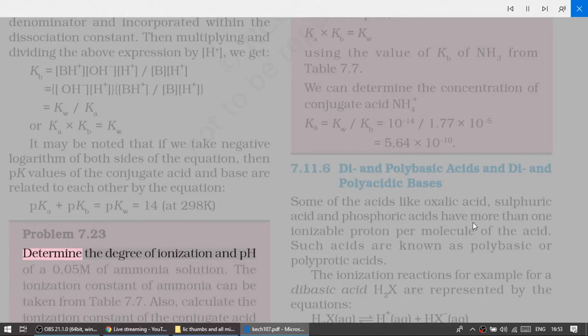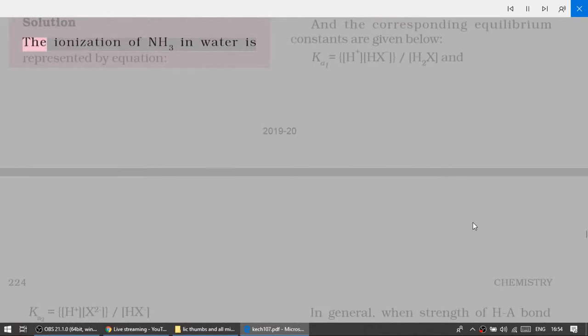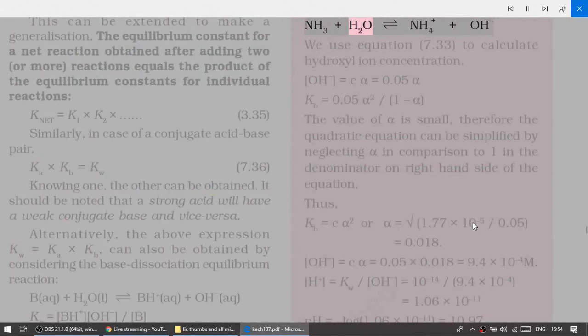Problem 7.23. Determine the degree of ionization and pH of a 0.05 M ammonia solution. The ionization constant of ammonia can be taken from Table 7.7. Also, calculate the ionization constant of the conjugate acid of ammonia. Solution: The ionization of NH3 in water is represented by the equation NH3 + H2O ⇌ NH4+ + OH-.